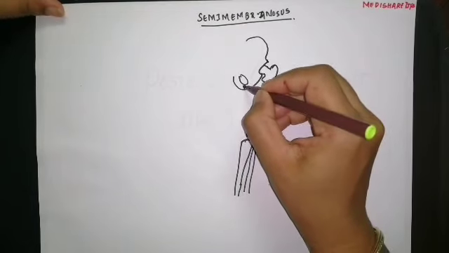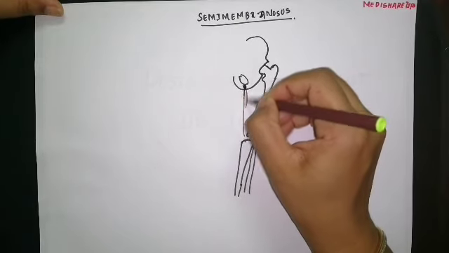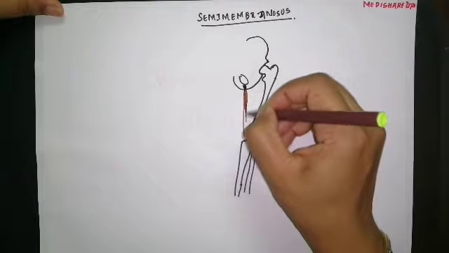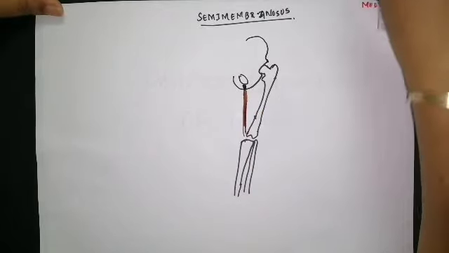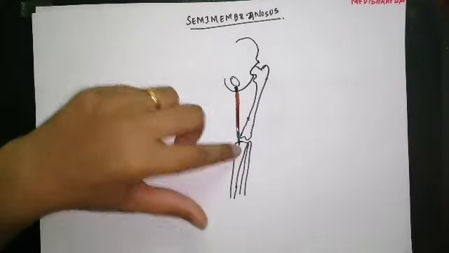So this is the muscle. Now the tendon of this muscle gets inserted into the posterior aspect of the medial condyle.